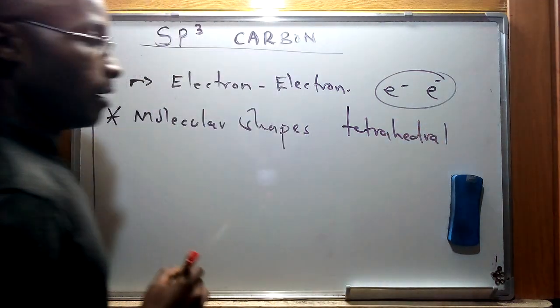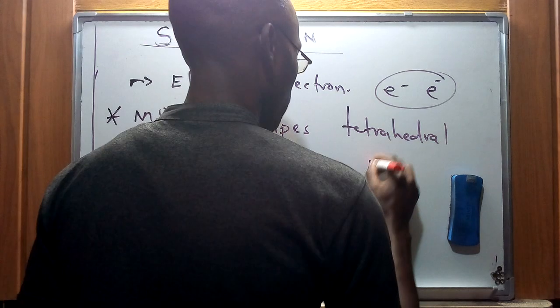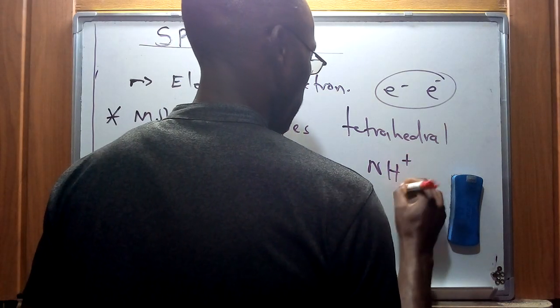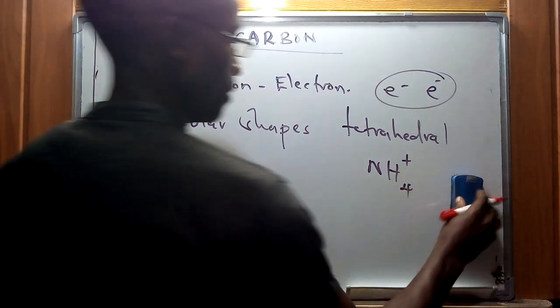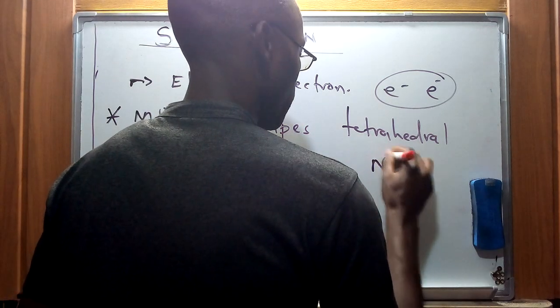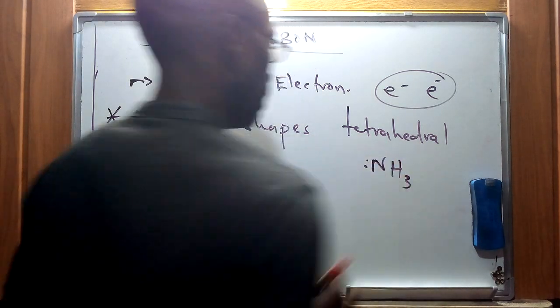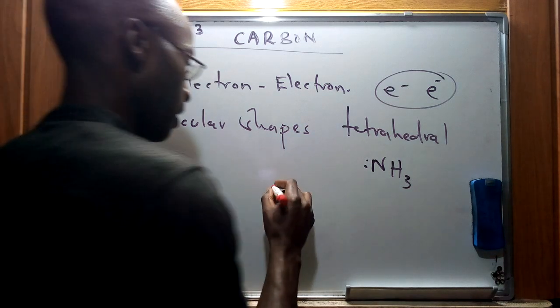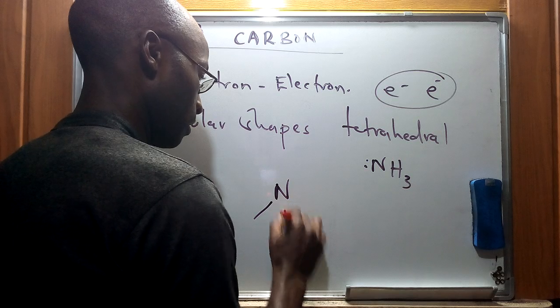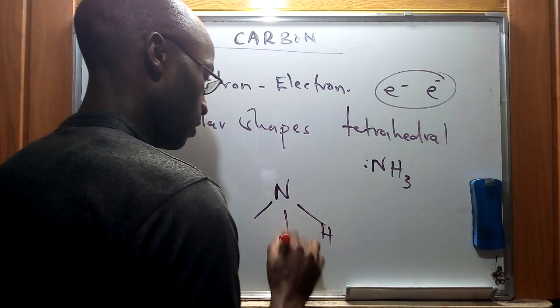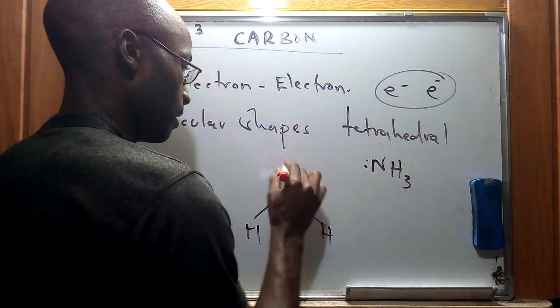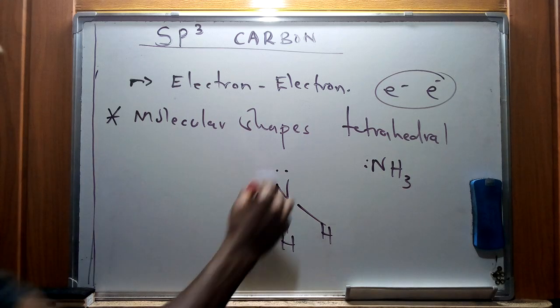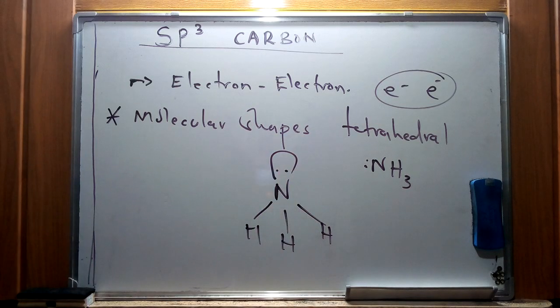I'll just give an example of a compound which forms a tetrahedral structure, whereby we have these hydrogens as such, and a lone pair of electrons which forms an orbital at this specific point, illustrating the tetrahedral structure.